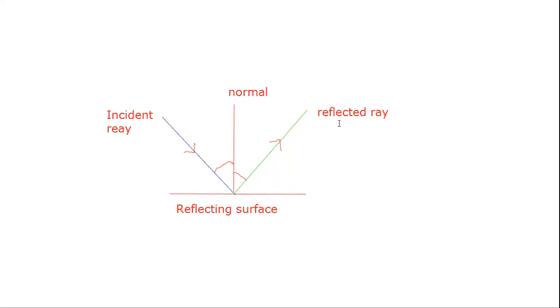So this is reflection of light, bouncing back of light after striking the surface, right? This ray which you can see on the screen, that is normal. Normal means the ray which is perpendicular to that surface at an angle of 90 degrees. This we call normal. Clear?